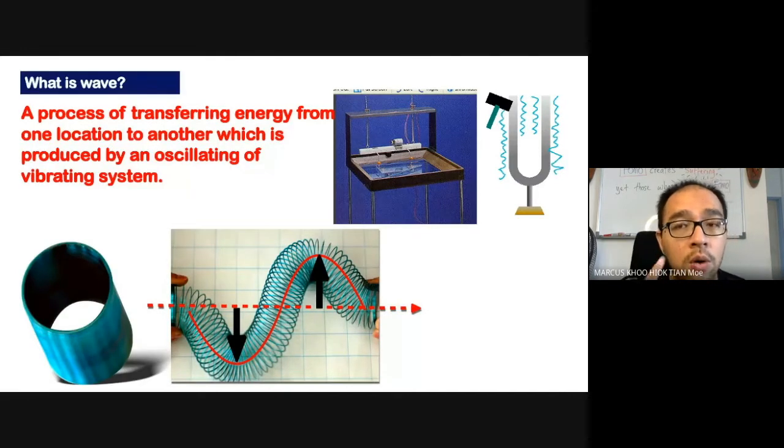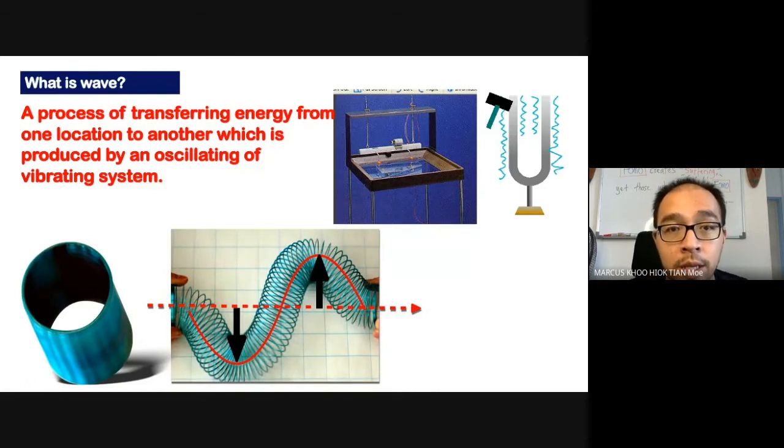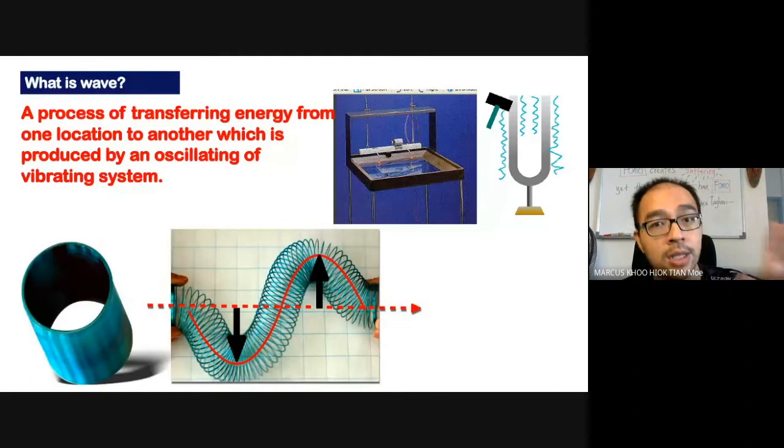Now we come to the notes. A wave is a process of transferring energy from one location to another, which is produced by an oscillating or vibrating system. So a vibrating system produces waves, and the waves transfer energy from one place to another. That is what we call a wave.